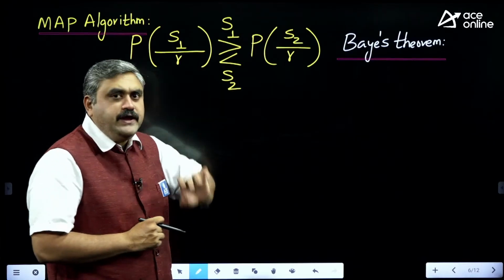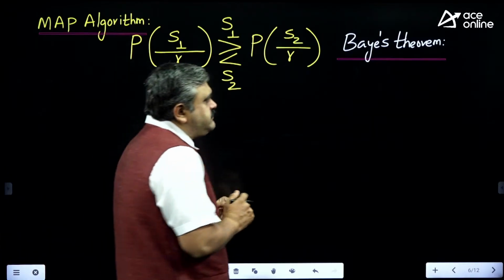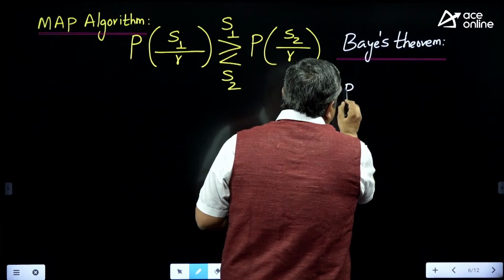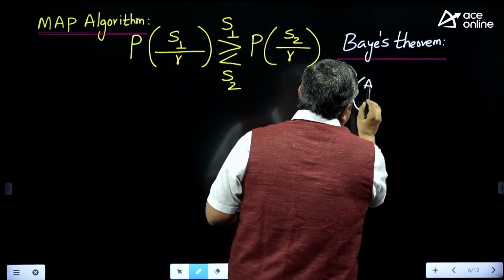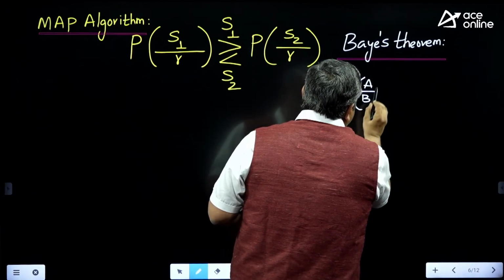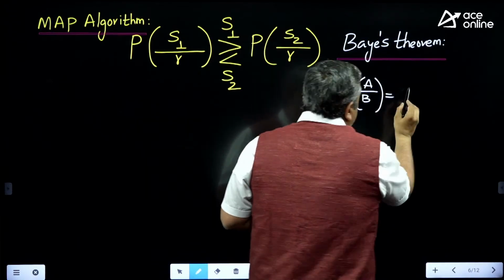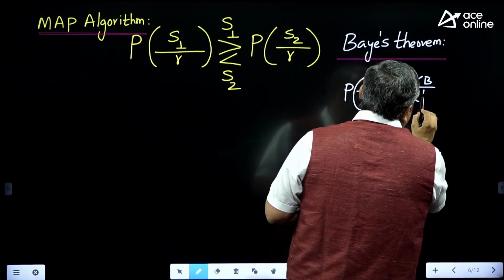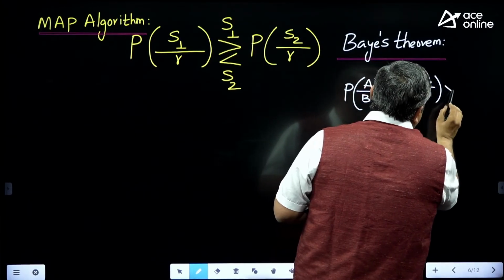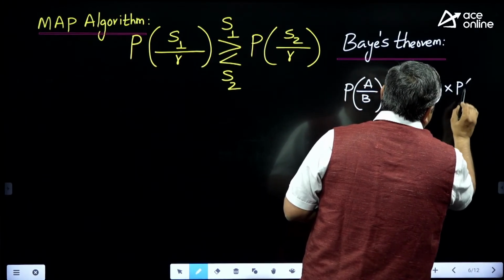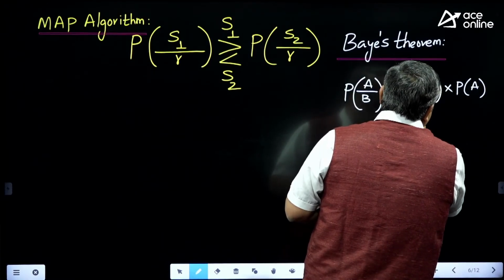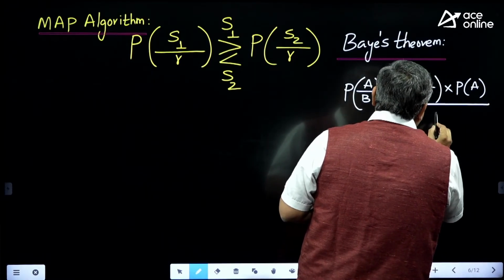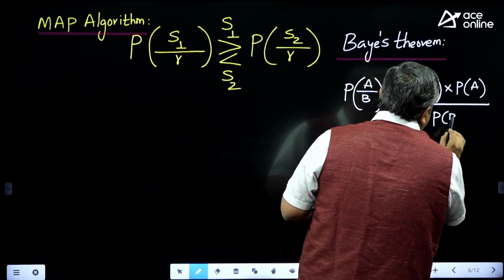Now, if you take Bayes theorem, what is Bayes theorem telling you? Simple. If you take conditional probabilities, probability of A given B, you can express this as probability of B given A into probability of A divided by probability of B. That's all.